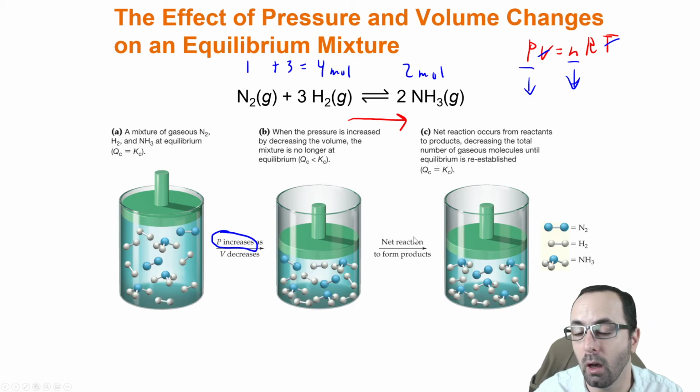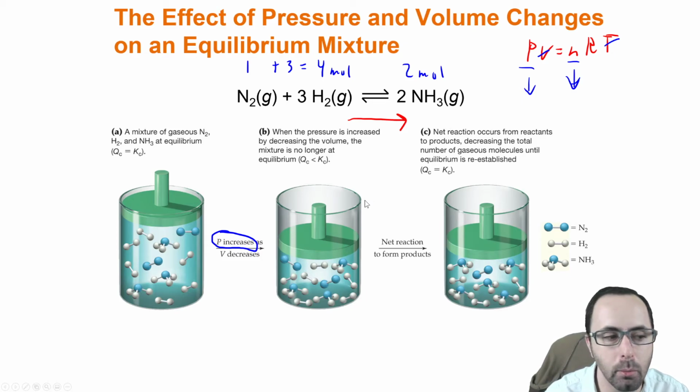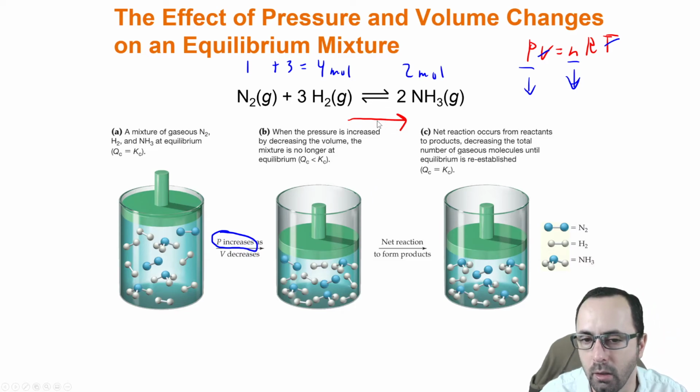And then eventually it will get back to a new equilibrium. If the pressure were decreased, the reaction would go in the opposite direction. So there's a little bit more work to do when deciding what will happen to the equilibrium in the case of a pressure change. You've got to decide which direction is going to result in more moles of gas or less moles of gas.